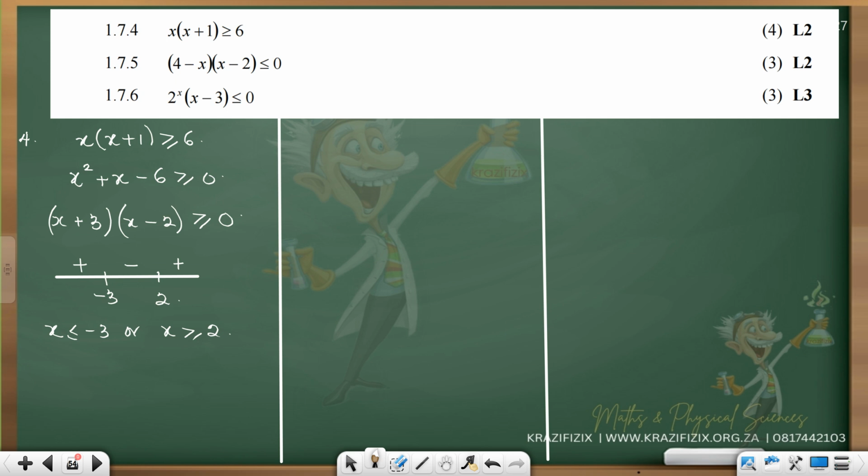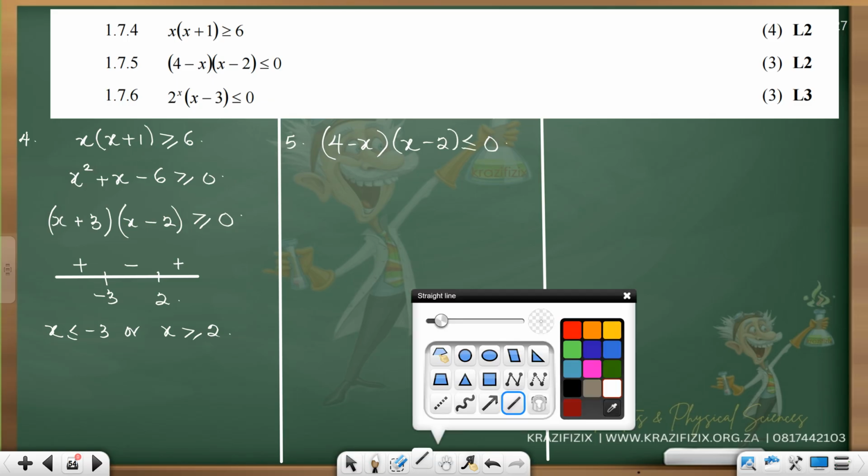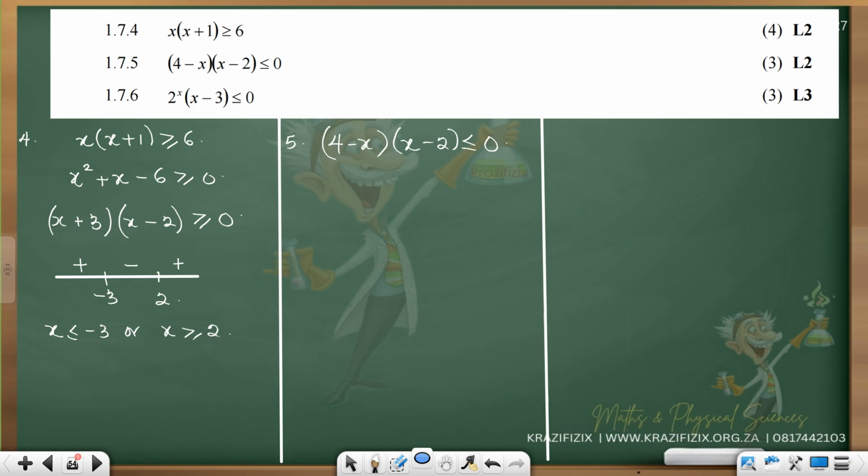All right guys, work with me on 1.7.5 and you will realize why I said I want to do this now. 4 minus x, we have a problem. The problem is this is not in standard form. Why is it not in standard form? If it is standard form, our x should be positive.